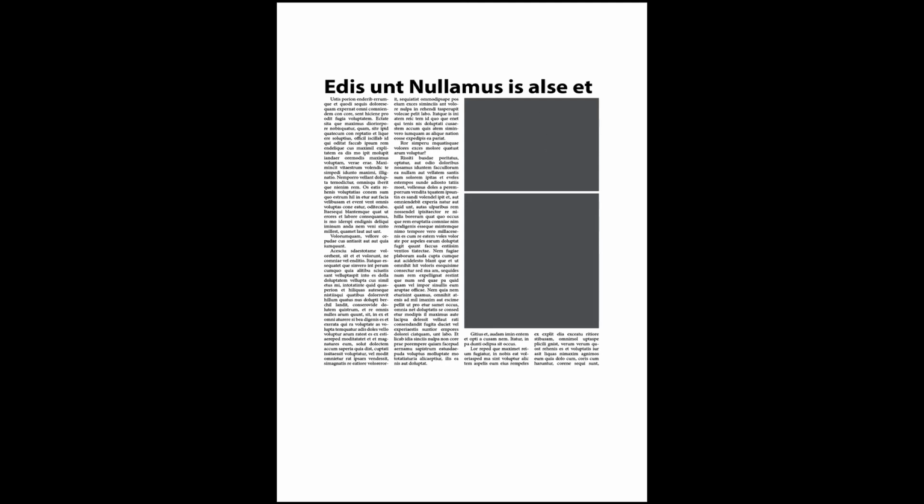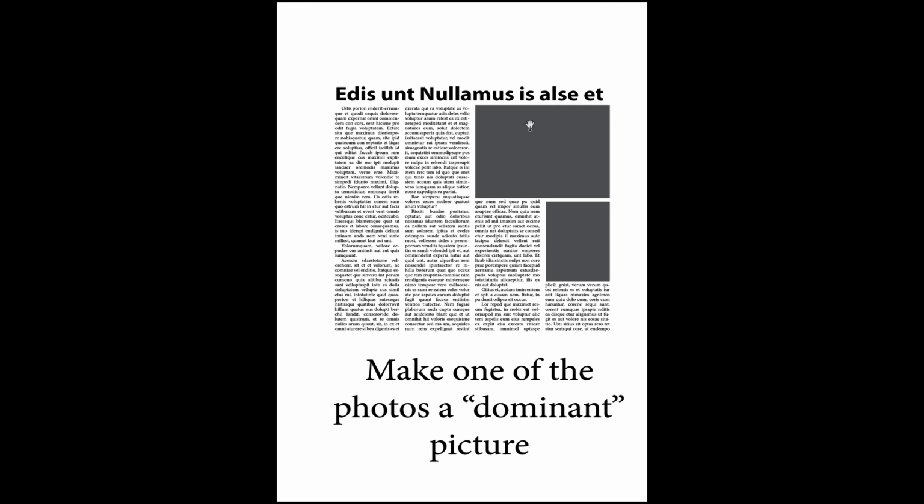If you have two photographs that are about the same size or the same weight, then your eye is kind of competing for which one is most dominant or which one's most important. However, if you'll make one of them larger or take up more room and let the other one be a little bit smaller, this is a little bit more visually appealing, and it also gives you a little bit more space for your article.